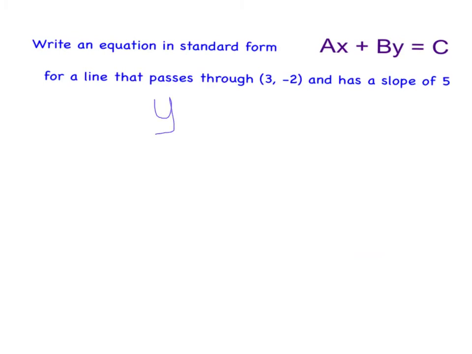So y minus a negative 2 equals 5 times x minus 3, where the negative 2, and it looks like plus 2, but remember it's minus the negative 2, is our y coordinate, the 3 is our x coordinate, and the 5 is our slope. After this, you just need to do the distributive property. Y plus 2 equals 5x minus 15.